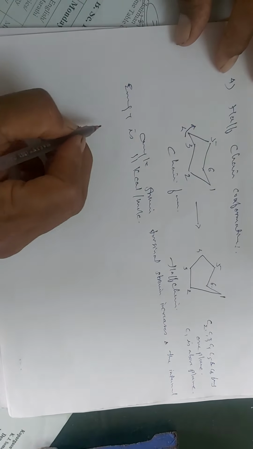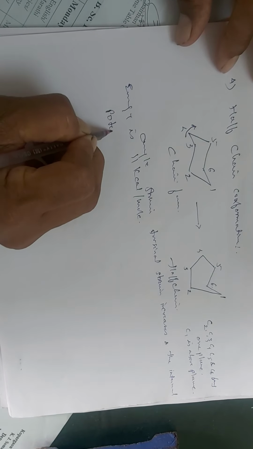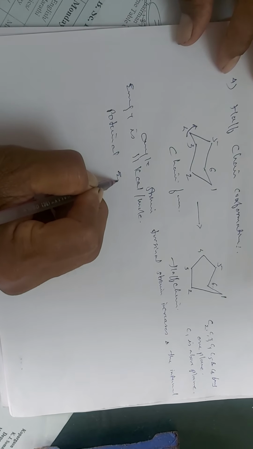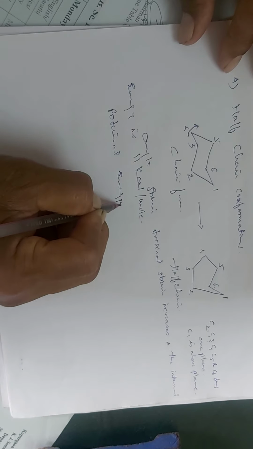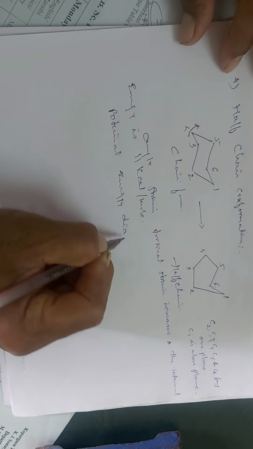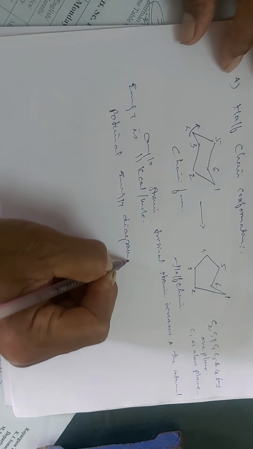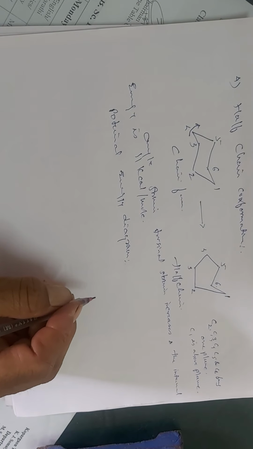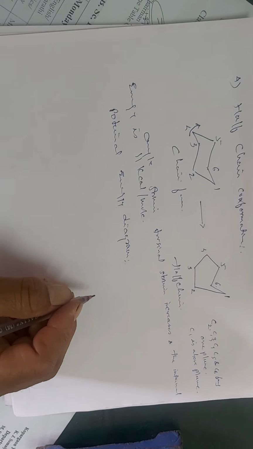And so we will see a potential energy diagram, or the relationship by which we can explain the stability of the different types of conformations.